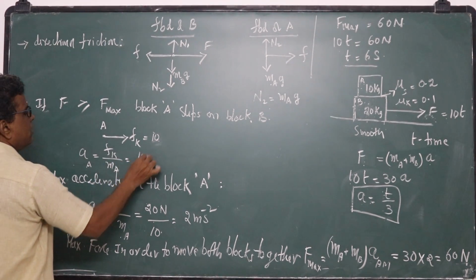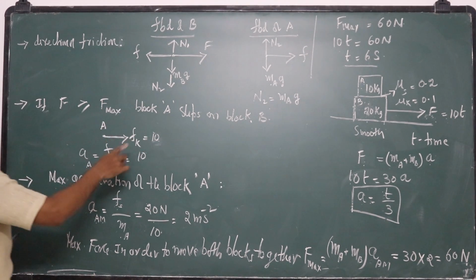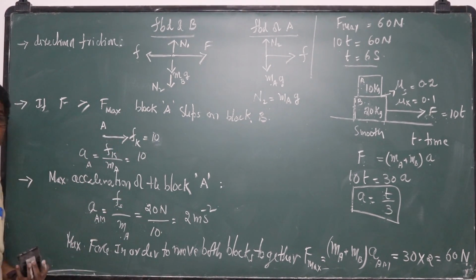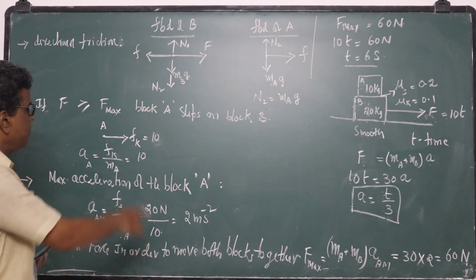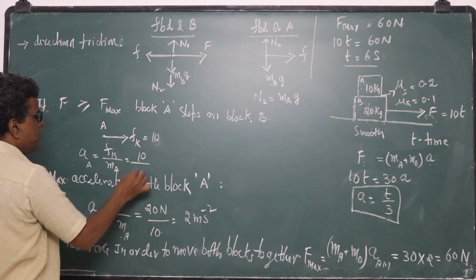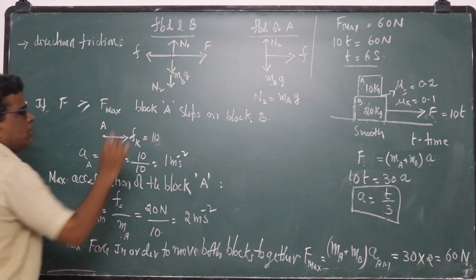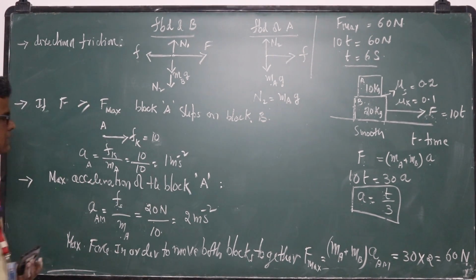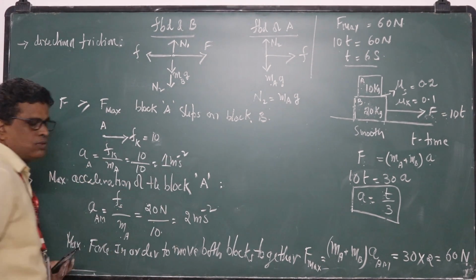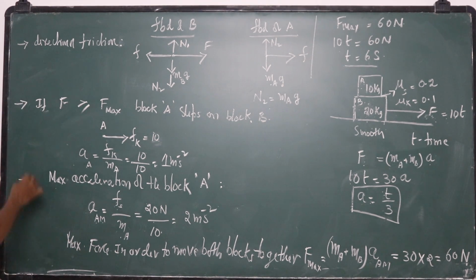Once the block starts slipping, the friction becomes kinetic, so 10 by mass 10 gives an acceleration of 1 meter per second squared.